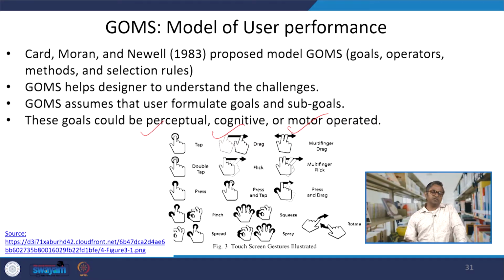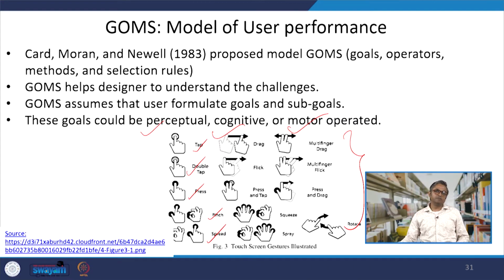As you can see on the screen, tapping is a motor movement, double tap is a motor movement, pressing is a motor movement, pinch, spread, all these types of gestures are motor operated. These gestures suggest to us that the goal can be perceptual, cognitive, or motor operated.